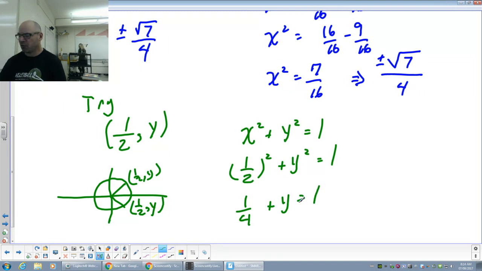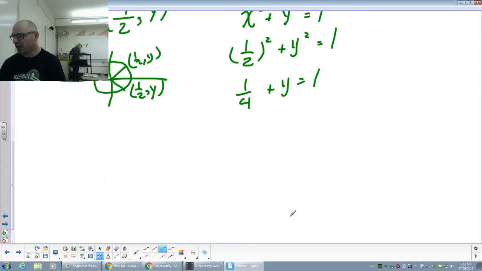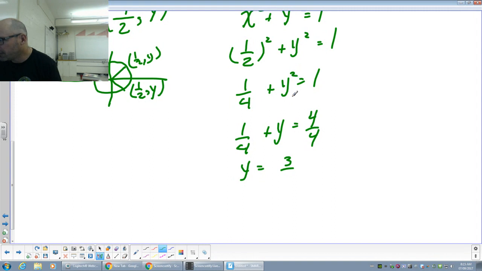Okay, now we've got to do our fraction skills again. So you have to make sure you know that 1 is the same as 4/4. So you go 1/4 plus y squared equals 4/4. Subtract the 1/4 from both sides and you get 3/4. Oh, sorry, I forgot to put the square in there.